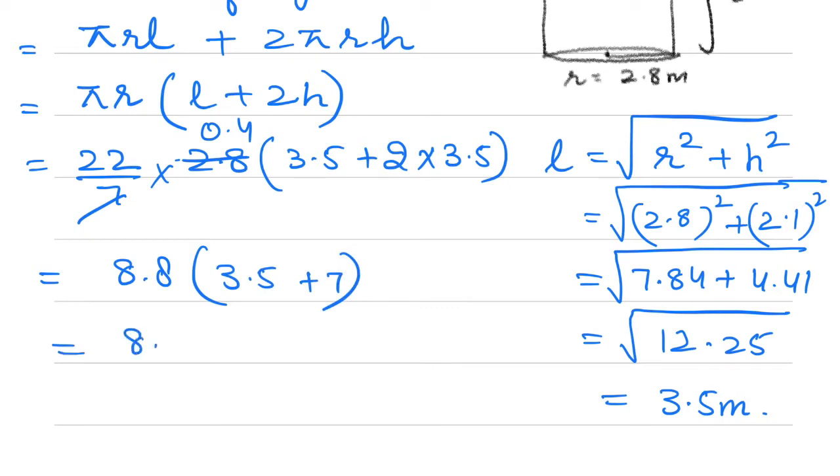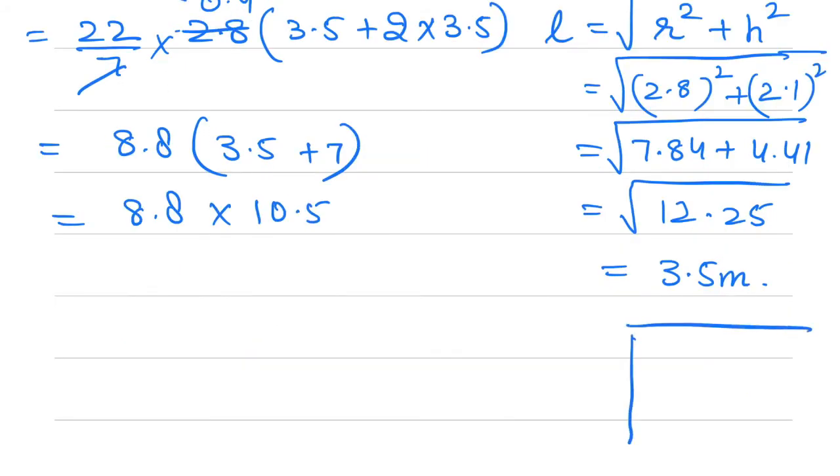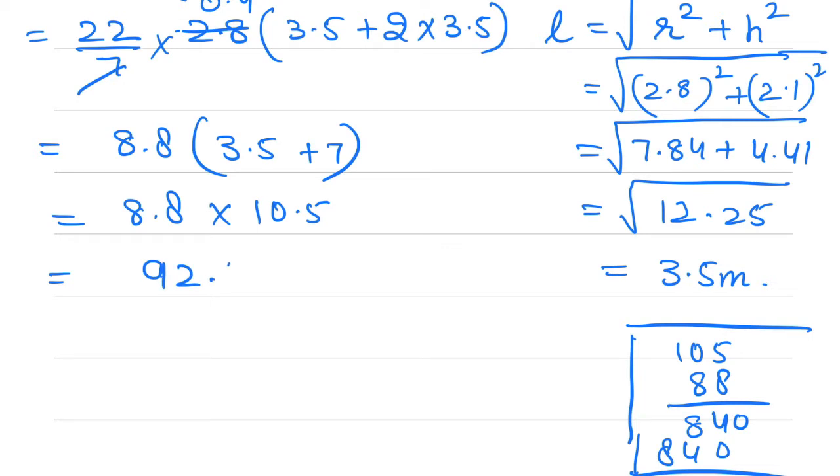This is equal to 8.8 into 10.5. A little bit of rough work here. So 105 into 88, and this is 840 and 840. So this would be equal to 92.40 meter square. So this is the area of the canvas required for one tent.